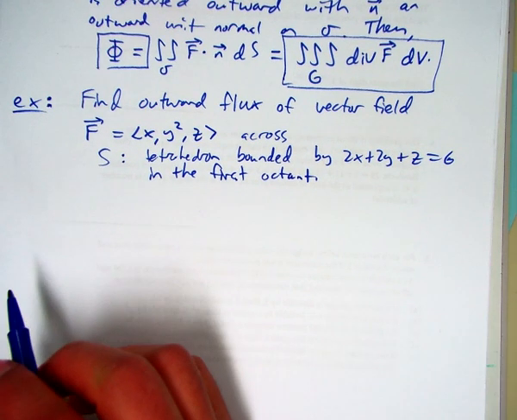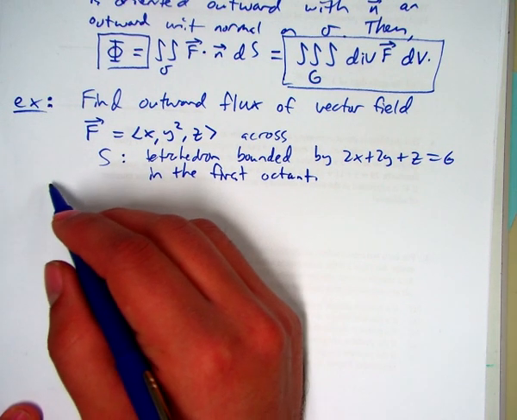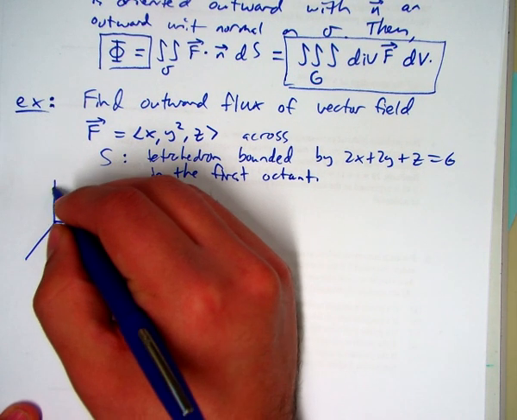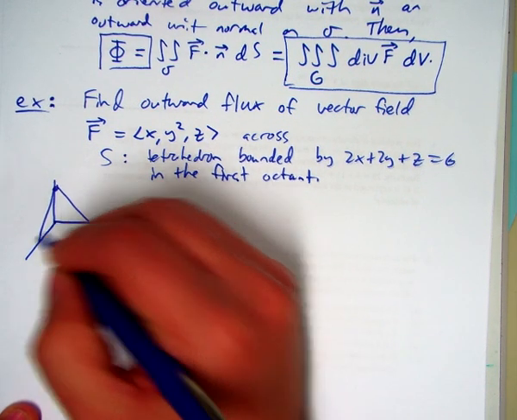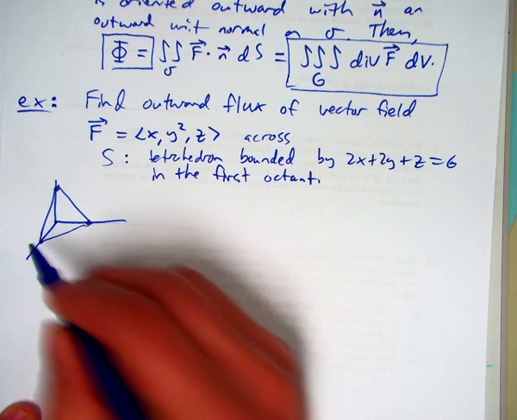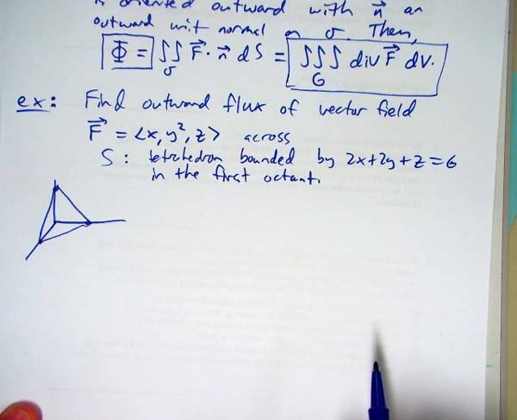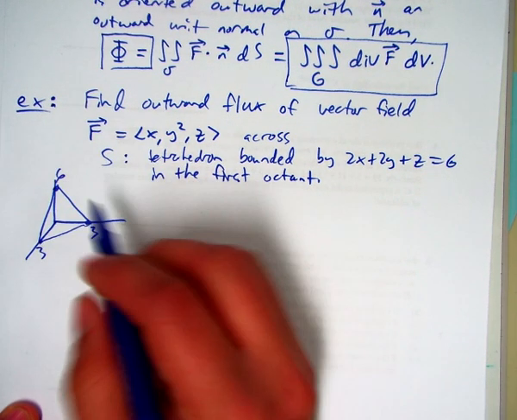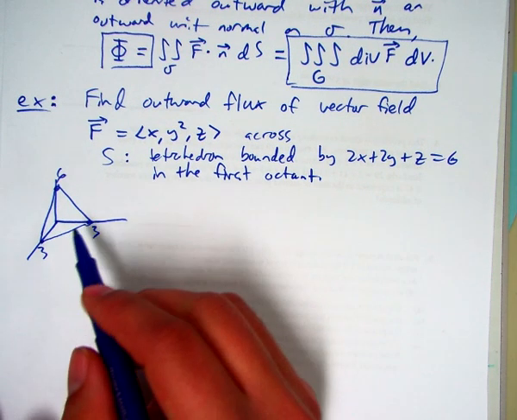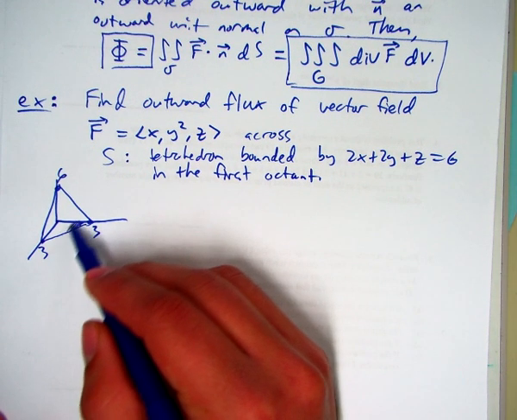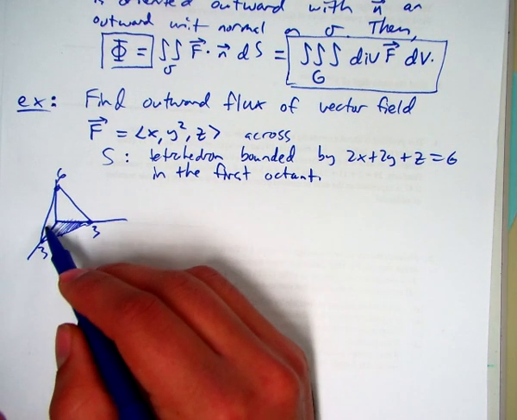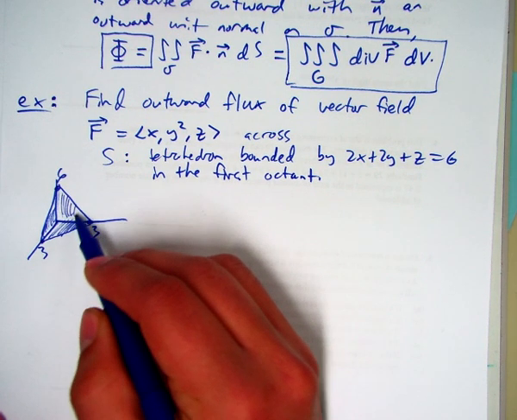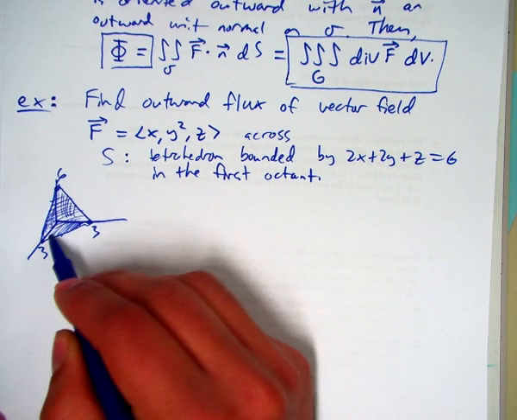Okay. So if we draw a picture, the x-intercept and y-intercept are 3, the z-intercept is 6. Anyway, we have surfaces 1, 2, 3, and then a fourth surface.